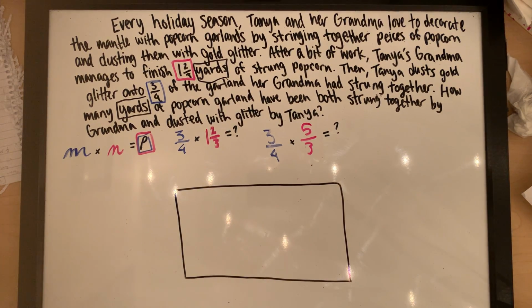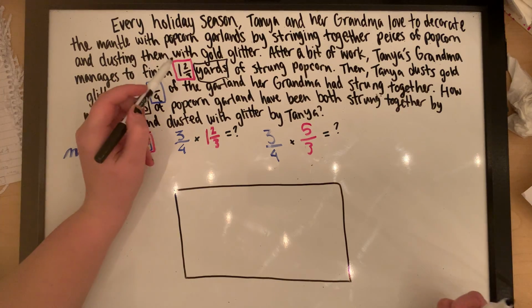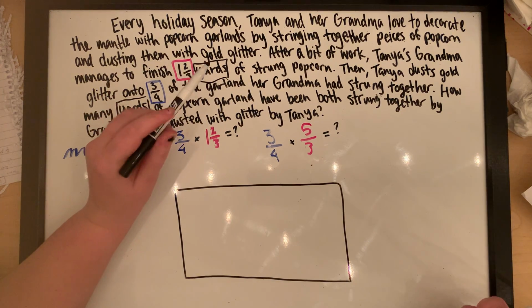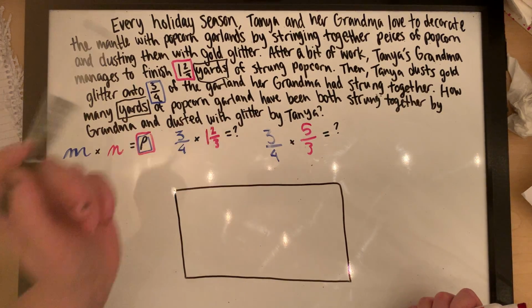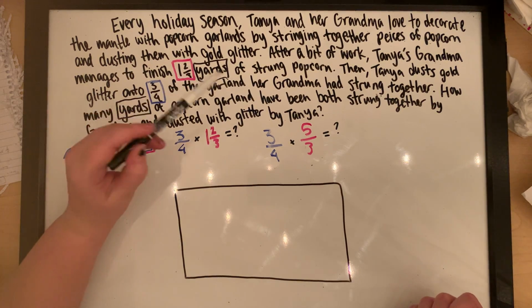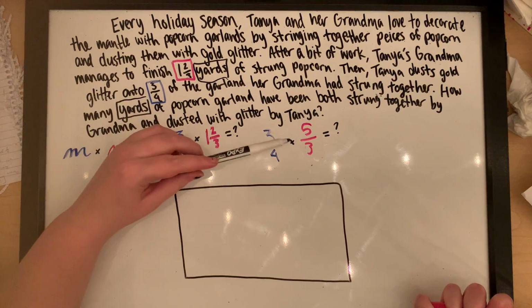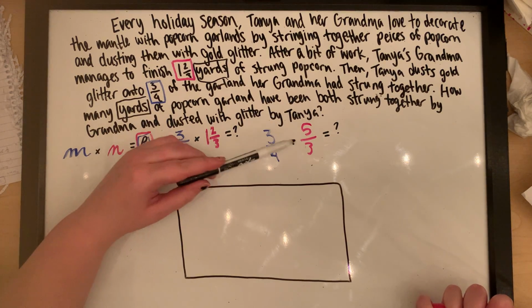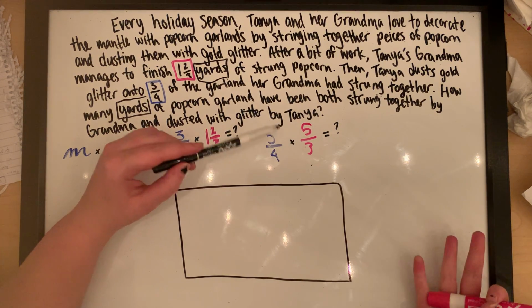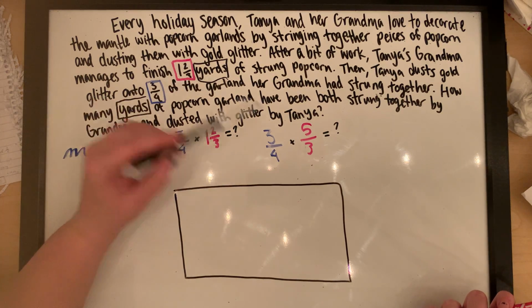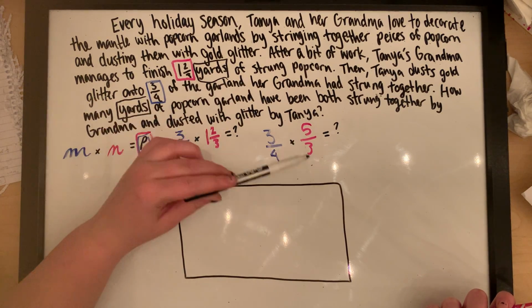Okay, so we have 1 2/3 yards, or 5/3. And remember when we were talking about changing our mixed number into an improper fraction, we're keeping our proportion of divisions the same, which is why our denominator stays the same.